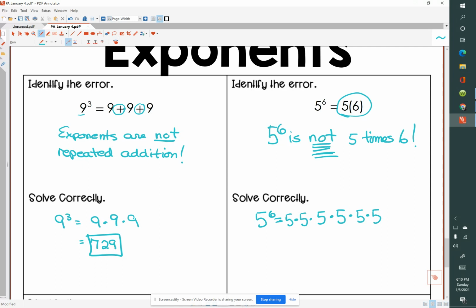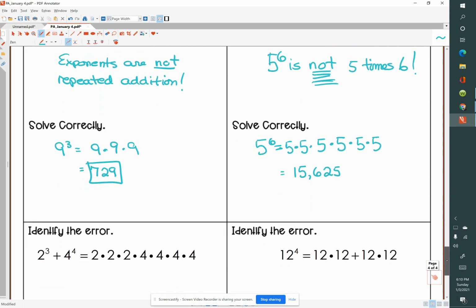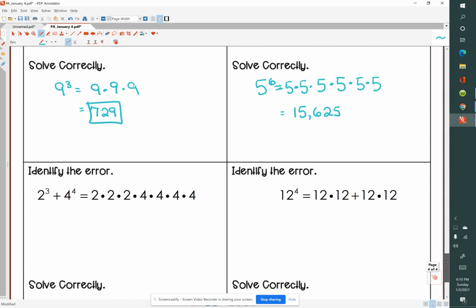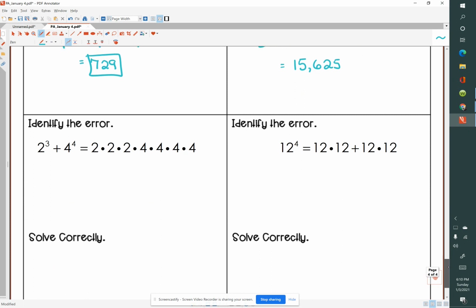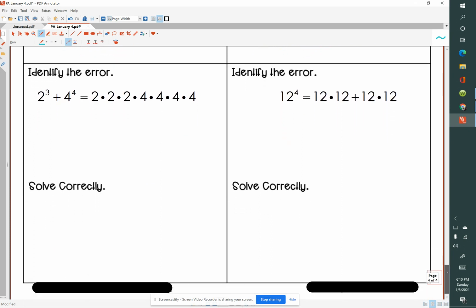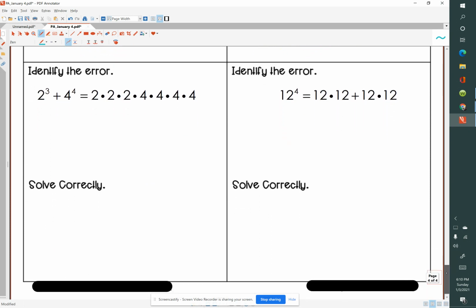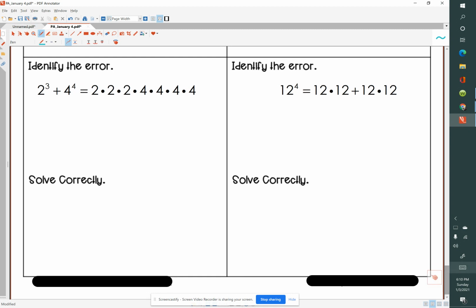You would put in 5 times 5 times 5 times 5 times 5 times 5, and you would get 15,625. If we had calculators, I could show you, maybe when we're in class together, how to actually use the exponent function on the calculator.